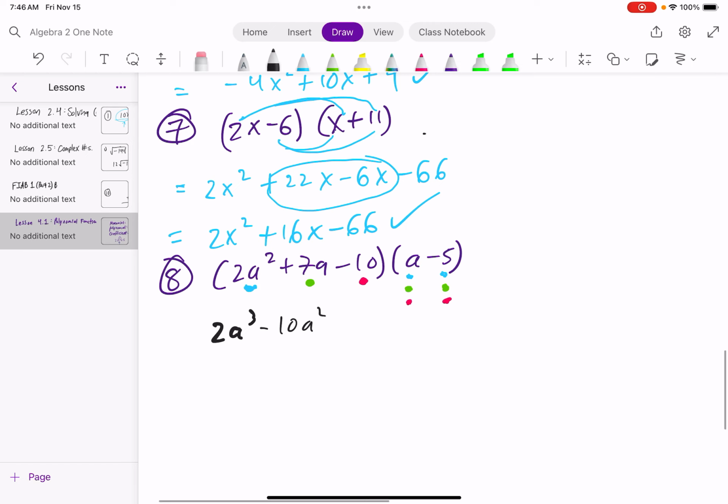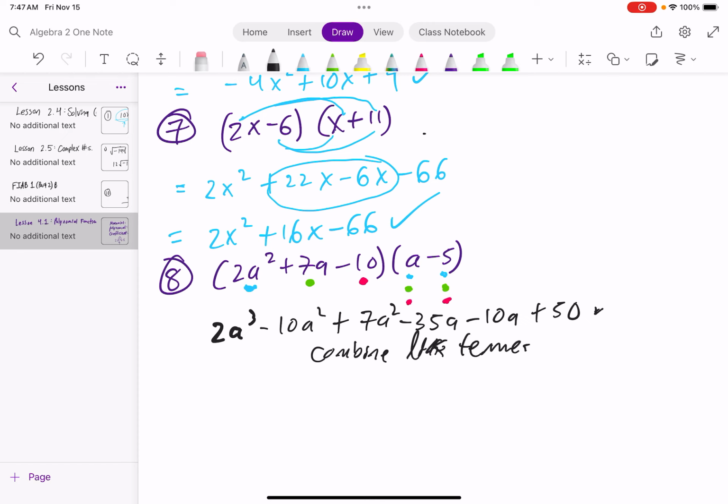And then you're going to have plus 7a times a is 7a squared, and then 7a times negative 5 is negative 35a, and negative 10 times a is negative 10a, negative 10 times negative 5 is positive 50, and then you're going to combine like terms.